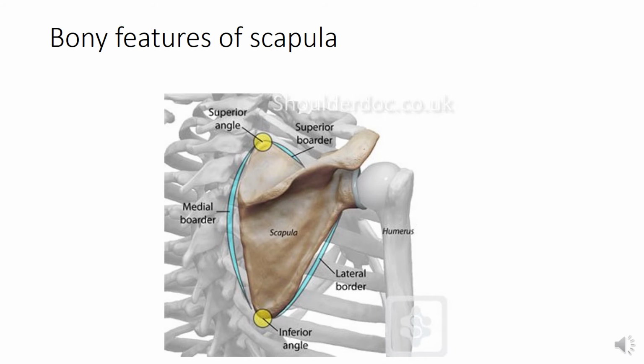So, bony features of scapula. Here you can see this is the dorsal surface of the scapula, that is on the posterior side of the scapula, and the scapula is also lying on the posterior surface of the body. And here you can see the spine of the scapula. It is ending in a flattened process which is known as the acromial process.